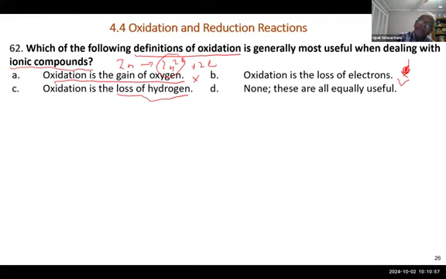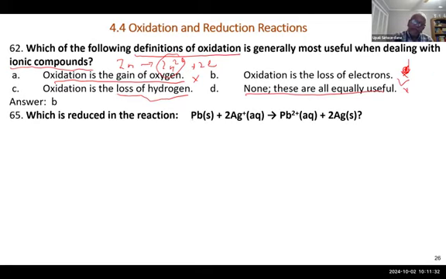Loss of hydrogen is used as a way to describe oxidation or reduction. Therefore, that one is not true. The correct answer is B. In ionic compounds, oxidation is loss of electrons. Reduction is gain of electrons. They didn't talk about reduction here.